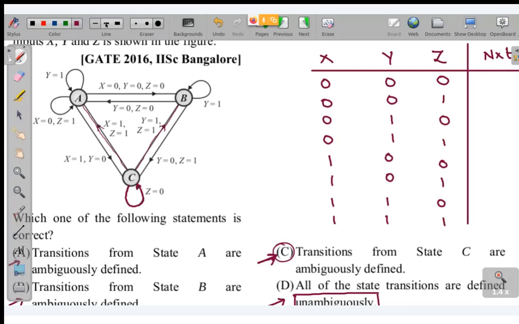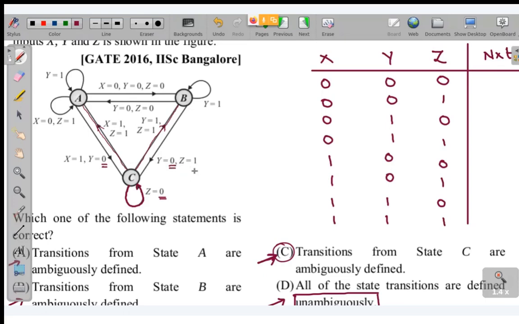No. So now look over here. When it is 0 0 0, okay, x0 y0 z0, you can see the only place that is available. So here you can see z is 0, y is 0, okay, and for x0 we don't have any place.